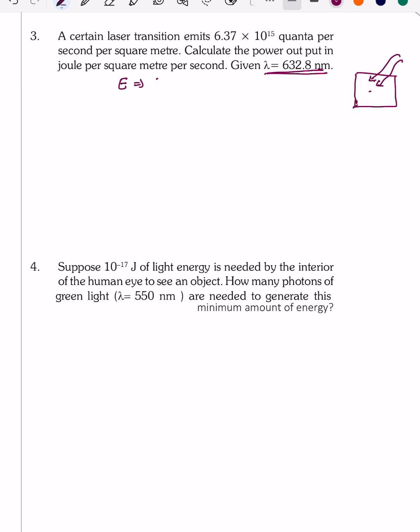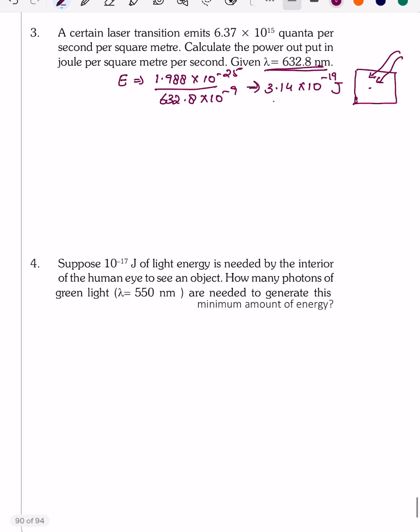We directly take the value of hc, 1.988 into 10 to the power minus 25 upon lambda, which is 632.8 into 10 to the power minus 9. If we solve this, it comes out to be 3.14 into 10 to the power minus 19 joule. So for one photon, we are requiring these many joules of energy.